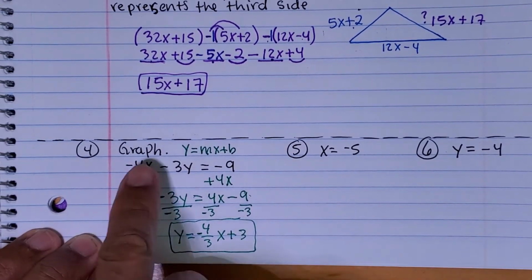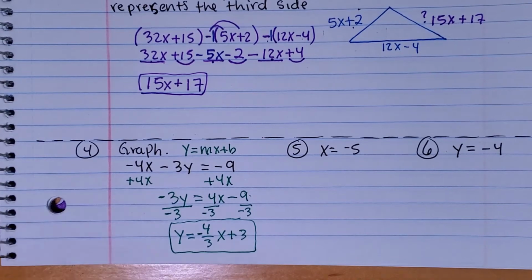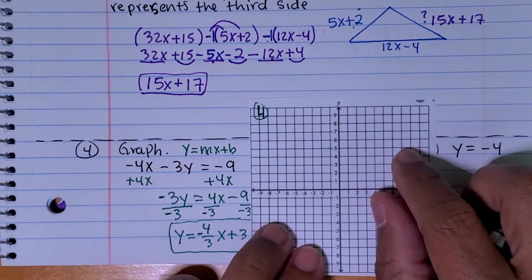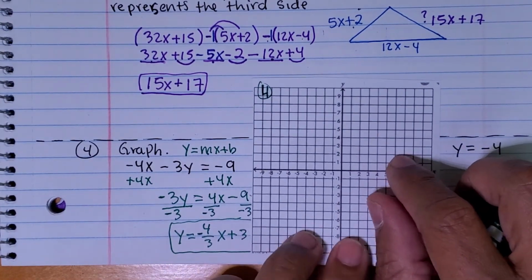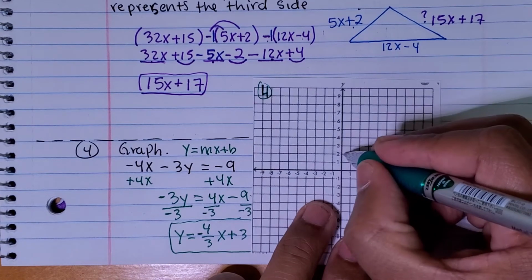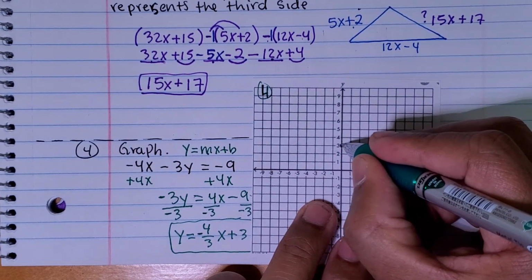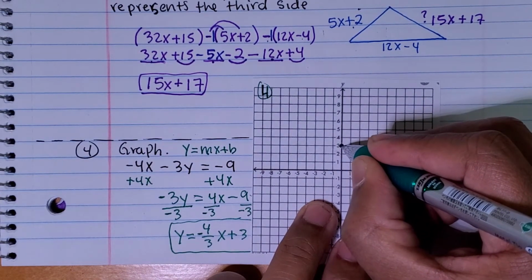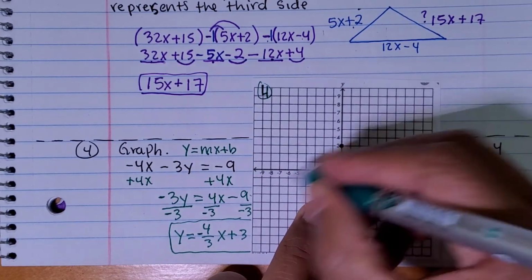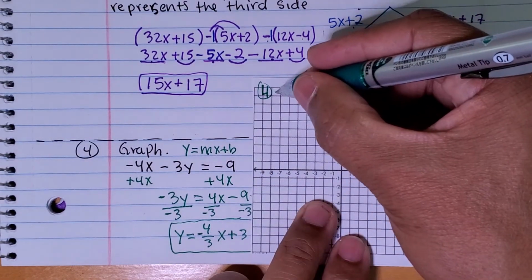Now, we're not done because this is saying graph. So I'm going to get a piece of graph paper here, and I'm going to start with the y-intercept. The y-intercept is 3, so it's right here. This is where the line will cross the y-axis. The slope is negative, so the line will be coming down from left to right.